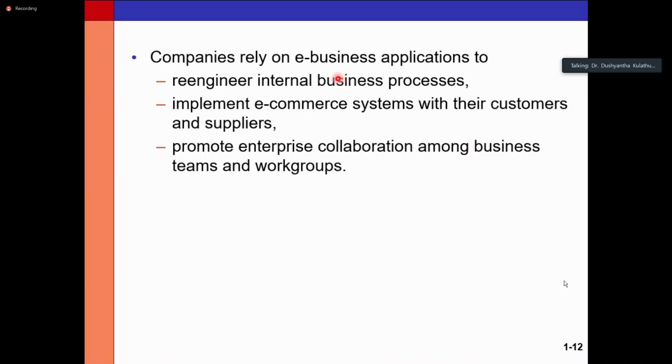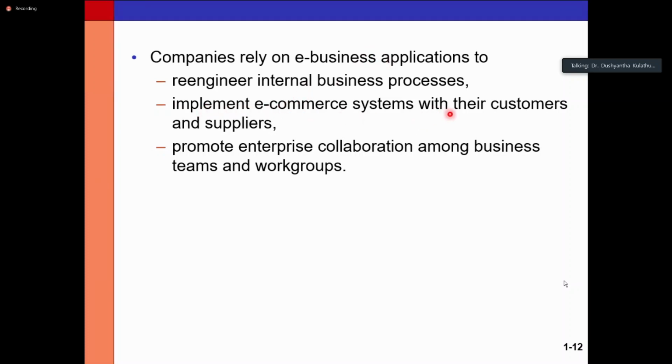As I mentioned earlier, it can be in relation to the amount of output that we produce, or the cost incurred by the organization through the particular processes, or the quality of the product, or the service that we provide to our customers, or maybe a combination of all of those things. So that is one thing which we can achieve through the introduction of e-business applications to the organization.